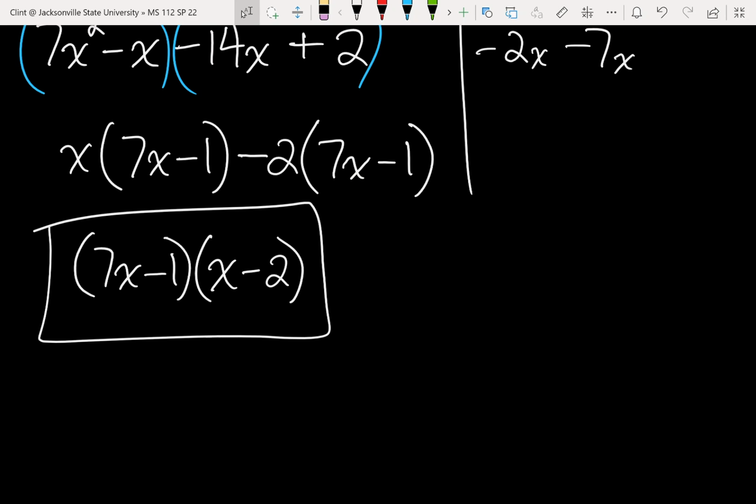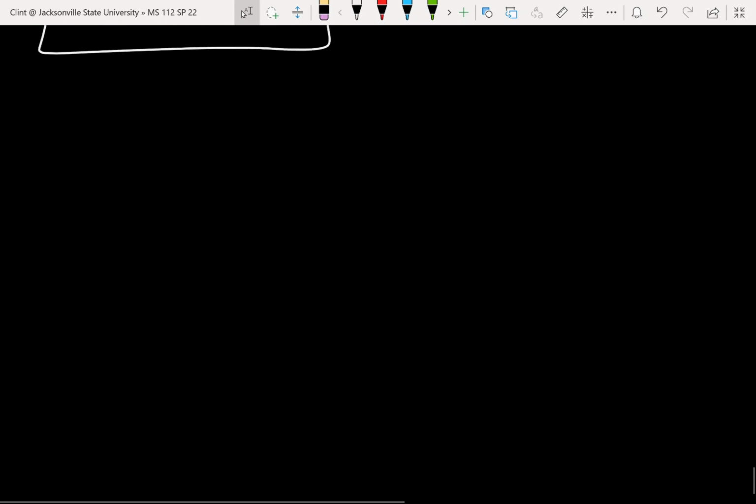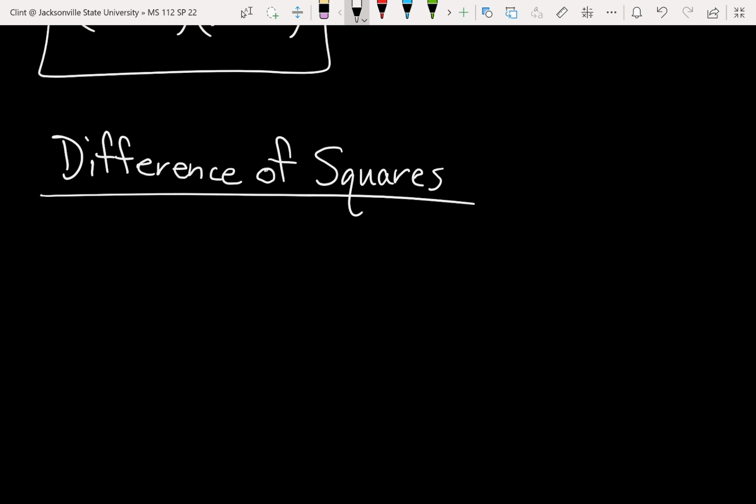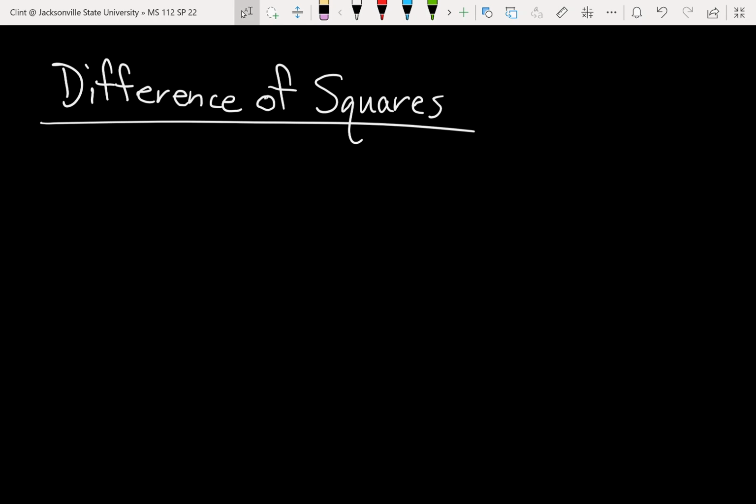One more type of factoring. And it's a special case where we just use a pattern. Our pattern we're looking for is the situation where we have the difference of two squares.